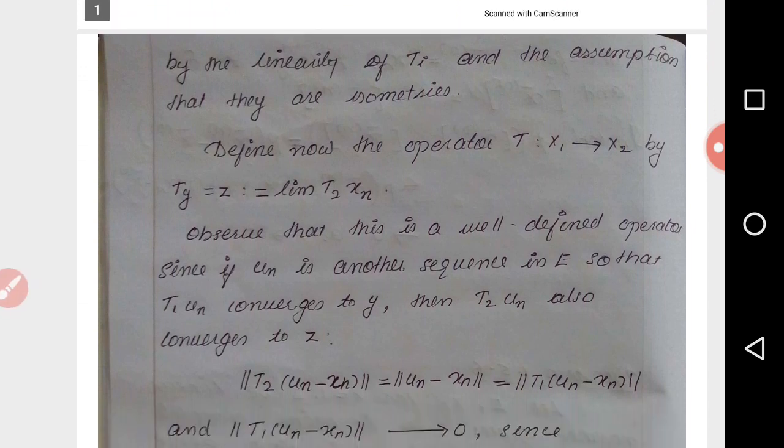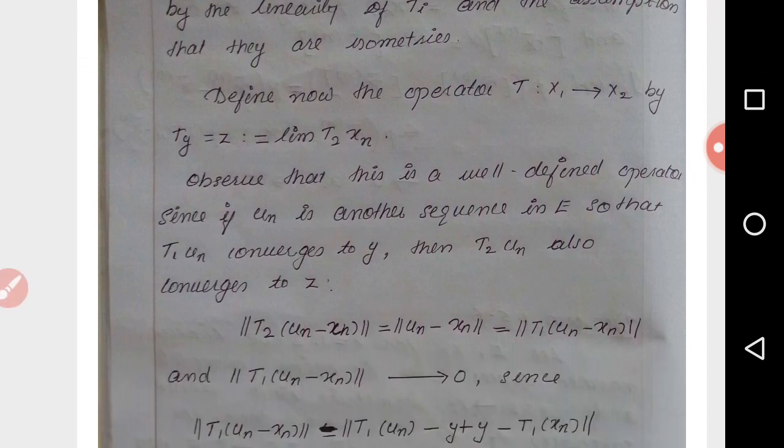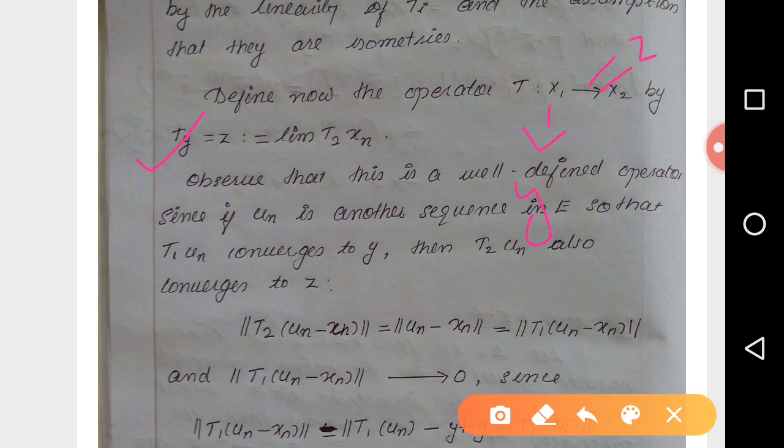Now we define an operator T from X1 to X2. We have to prove that this T is an isometry into. So we define the operator like this: Ty, where y is an element of X1, is equal to an element z in X2 such that z is the limit of T2 xn.